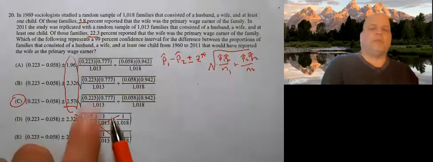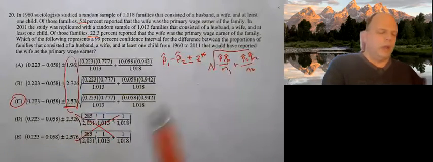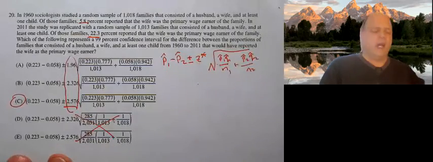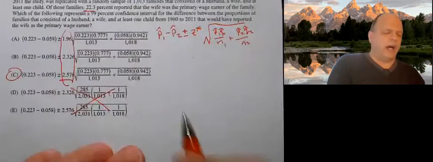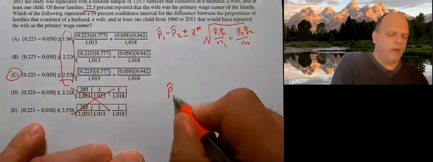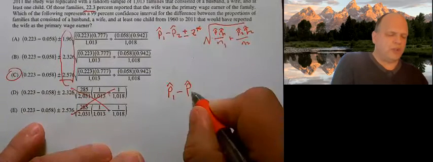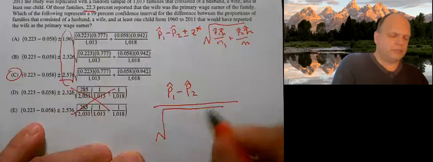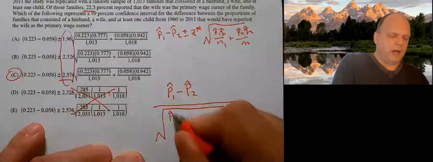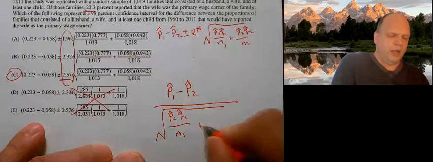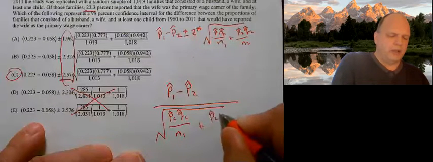Now, these problems are actually important to us. They're not based on this formula, and we were supposed to be using a confidence interval. Had they asked us to use a hypothesis test, we would have had this formula: P hat 1 minus P hat 2 over the square root of P combined, Q combined over N1 plus P combined, Q combined over N2.